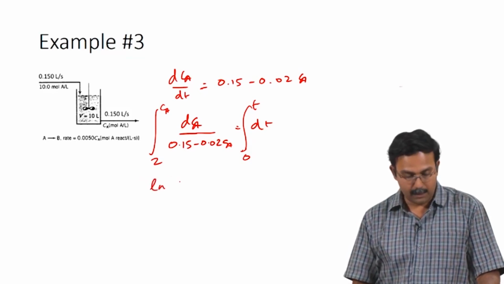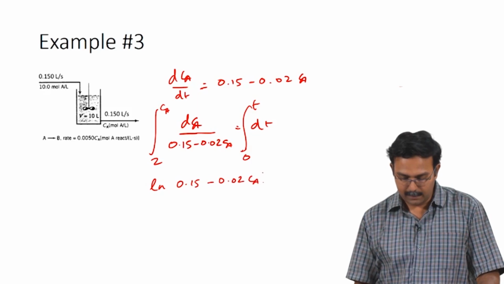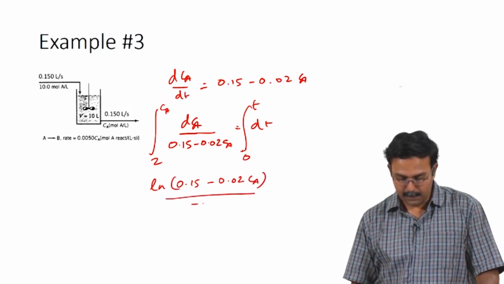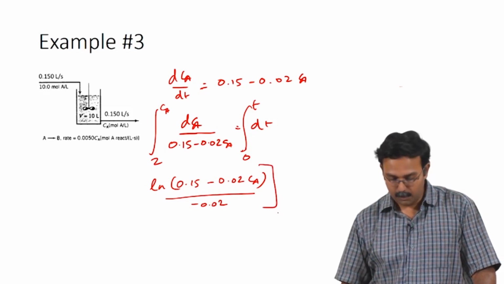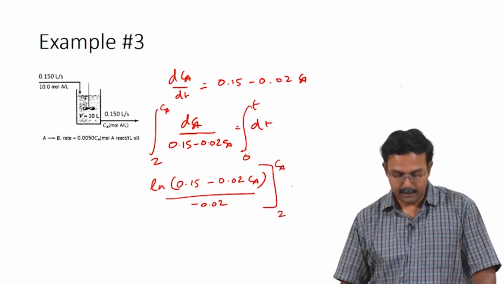We would have ln of (0.15 minus 0.02 Ca) divided by minus 0.02, with limits of 2 to Ca equals t.